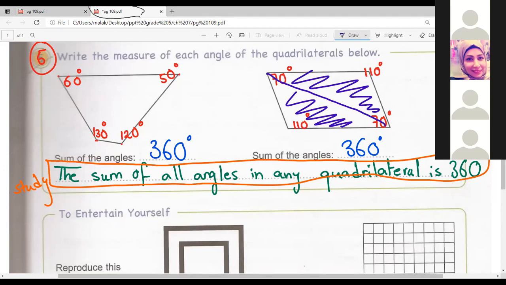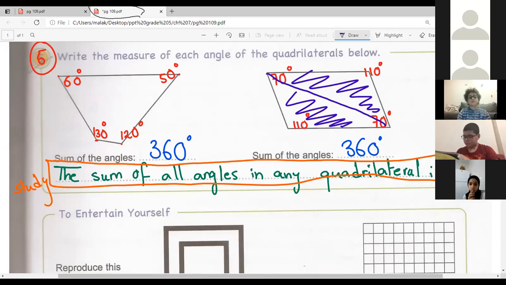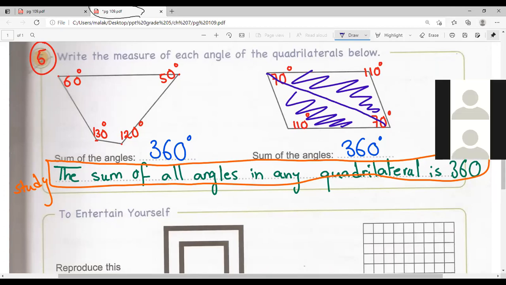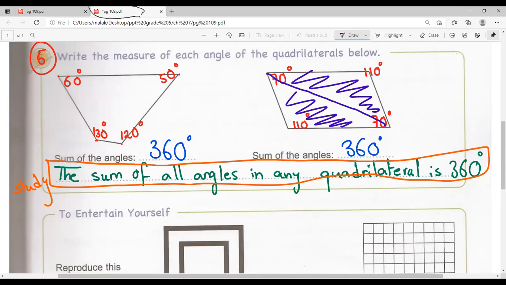What is the sum of all angles in any triangle?